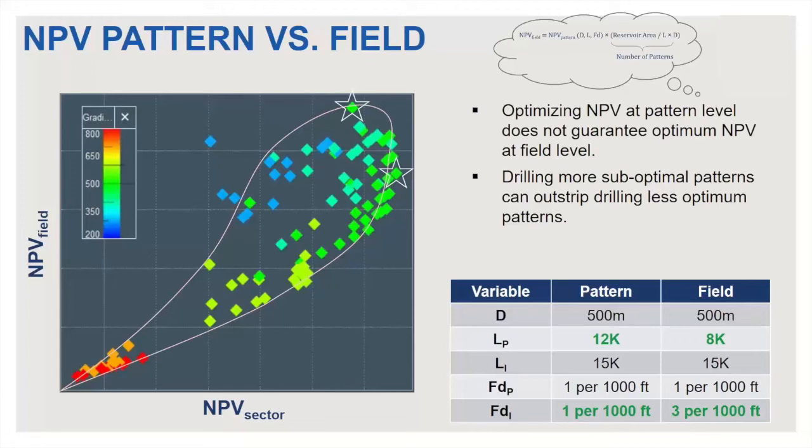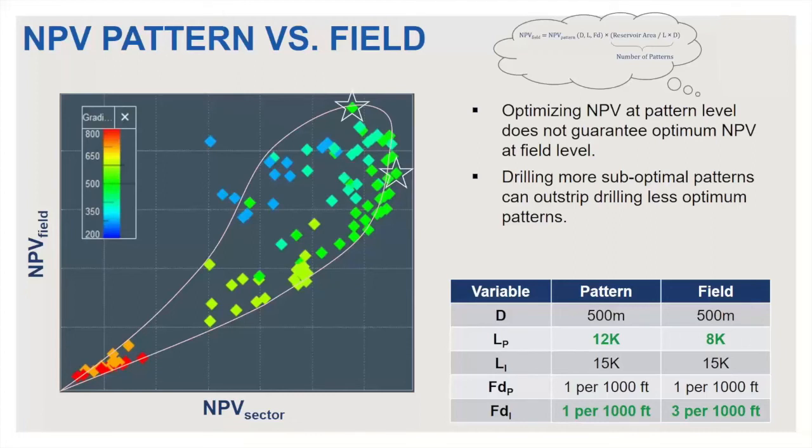The pattern level gives a 12,000 feet horizontal well for the producer, but the field optimization gives an 8,000 feet producer. Also, the pattern is optimum with 1 stage per 1,000 feet, whereas the field is optimum with 3 stages per 1,000 feet. So that's the reason why it's important to differentiate between both.